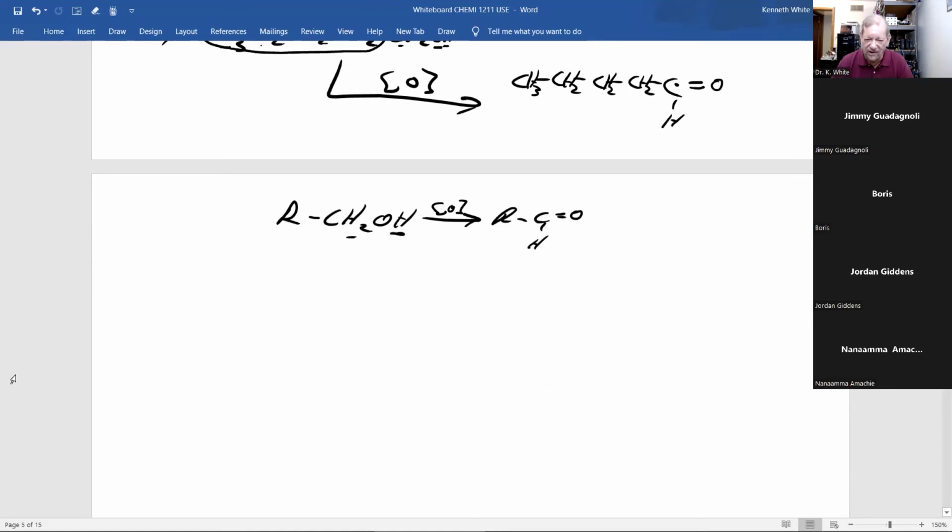Now, as I mentioned, on test number 2, there'll be a couple, usually about 3 or 4, probably 3 synthesis problems. So let's try one. I'm going to let you try one, and then I'll do it. What would I oxidize, react with an oxidation reagent to make that molecule?